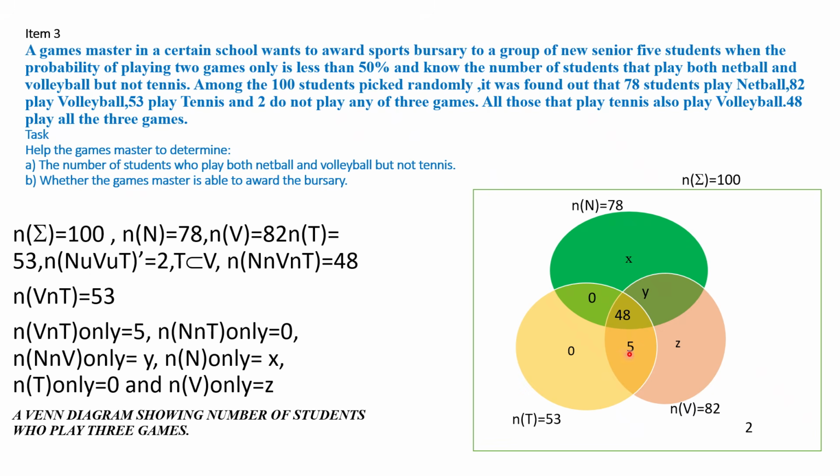So I can get the value of X. After getting the value of X, I can still use the entire set to get the value of Y, because now that I have X, I have 48, 0, and then Y remaining unknown. So I can use it to get the value of Y, equating it to 78. And after getting the value of Y, you can do the same. But do not forget to put a title there.